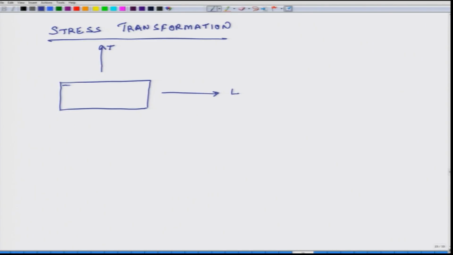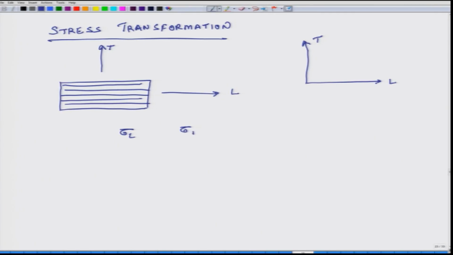If it is the L direction, then fibers are like this. Let us draw this separately. This is L, this is T. Suppose sigma L, sigma T and tau LT are known.